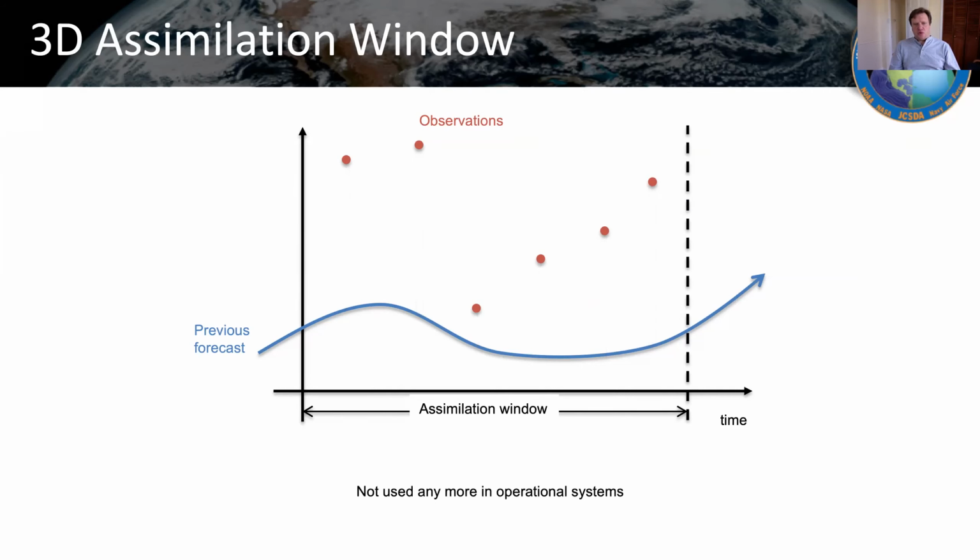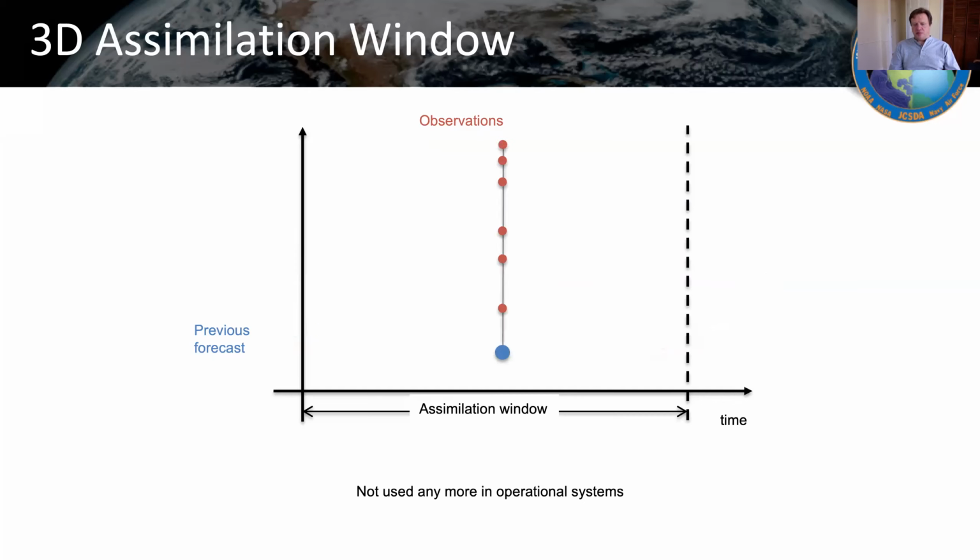Now there's also something that was used in the past that was a 3D assimilation process where basically we ignore the time dimension and everything from the previous forecast. We only keep the value at the middle of the window and we ignore the rest of the forecast.